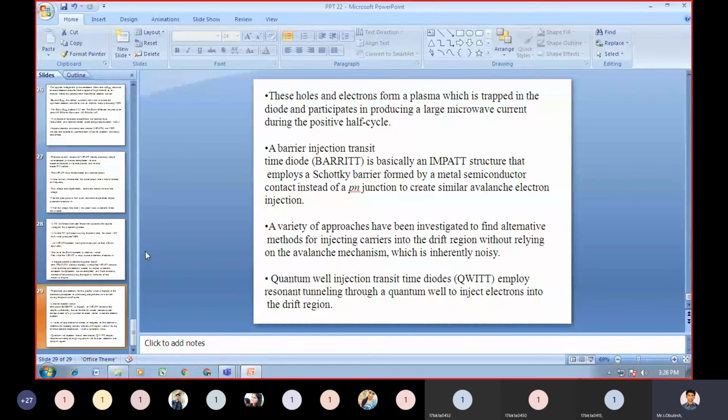A variety of approaches have been investigated to find alternative methods for injecting carriers into the drift region without relying on the avalanche mechanism, which is inherently noisy. We have quantum well injection transit time diodes, which employ resonant tunneling through a quantum well to inject electrons into the drift region.